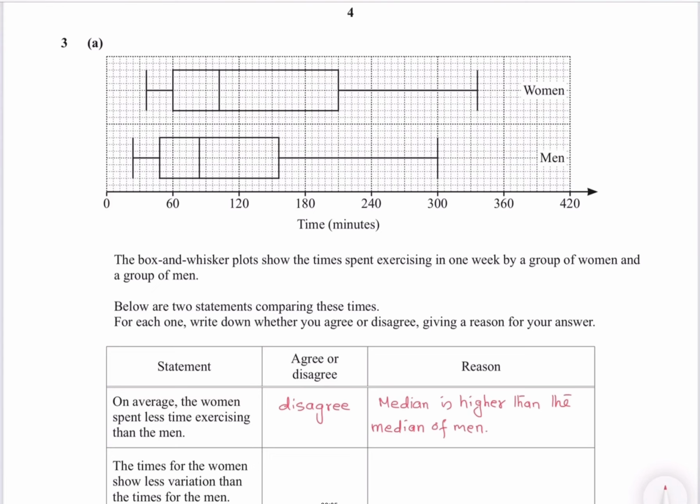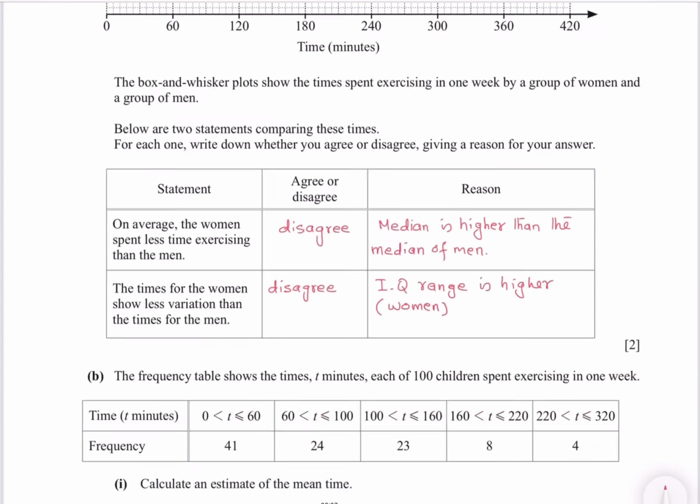If you see the box and whisker diagram of women, even if you don't calculate the interquartile range, you can easily guess. So I disagree. This is also disagreed because the interquartile range is higher for women. So this is the reason.